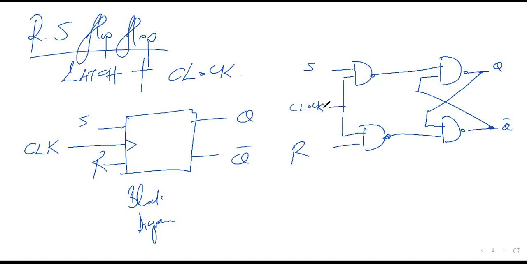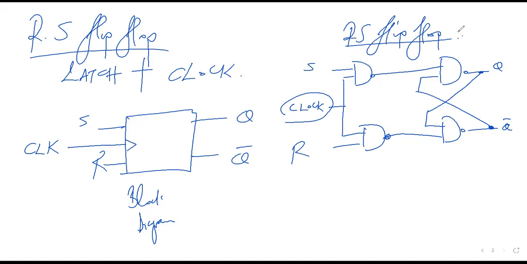Now the circuit is synchronized. This is the SR flip-flop. I think there is no harm in calling it the SR flip-flop, but I'm just used to saying RS flip-flop.